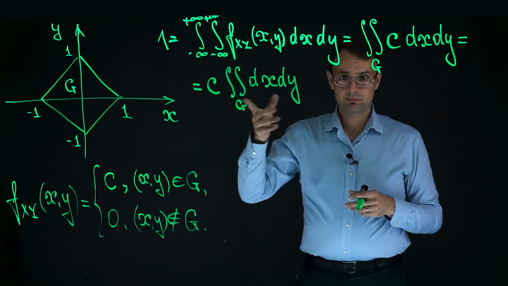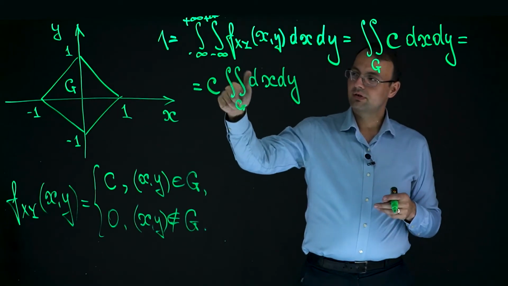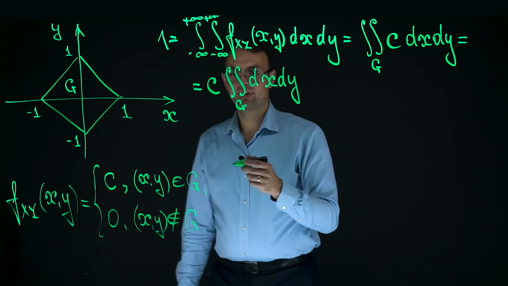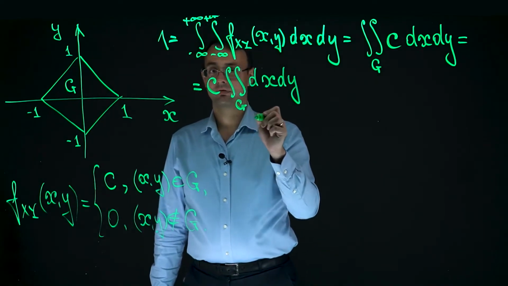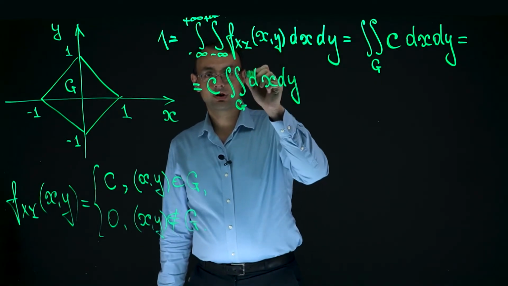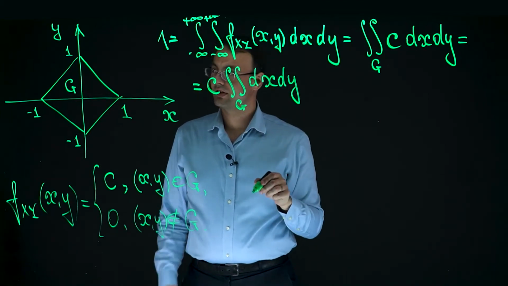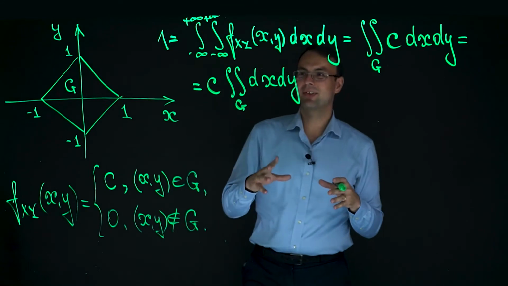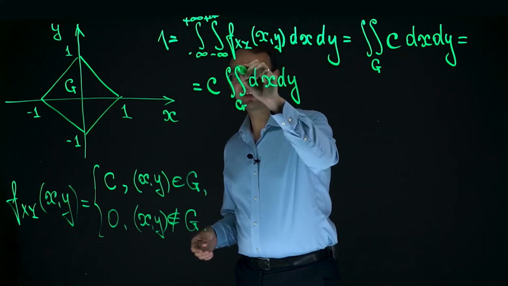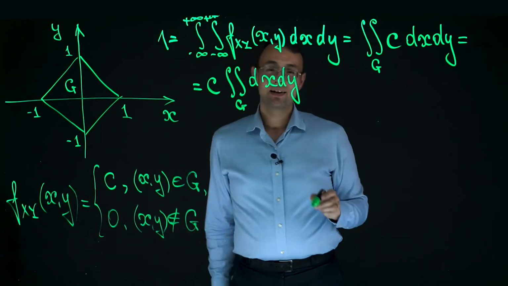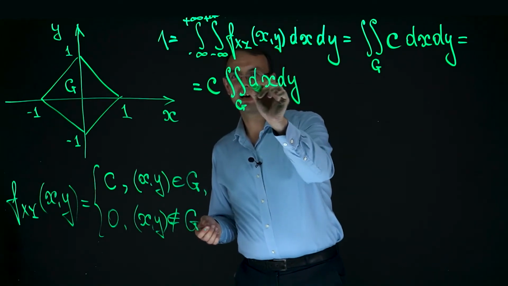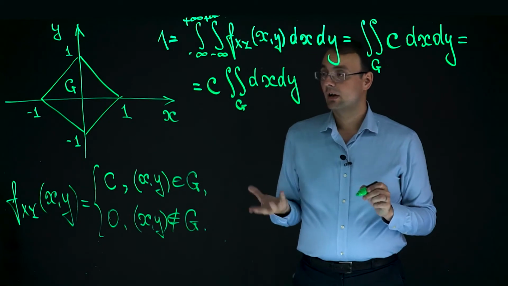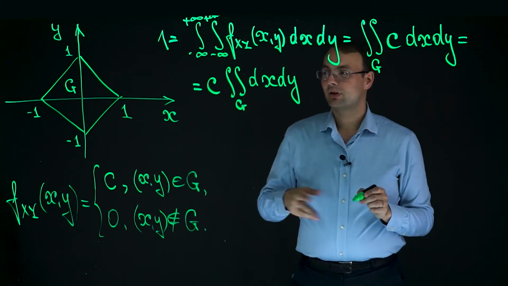And you should know that an integral of this kind is always equal to the area of the region. If the function that is integrated is equal to 1, so there is no function between the integral and dx dy, then this integral is equal to the area of this region.